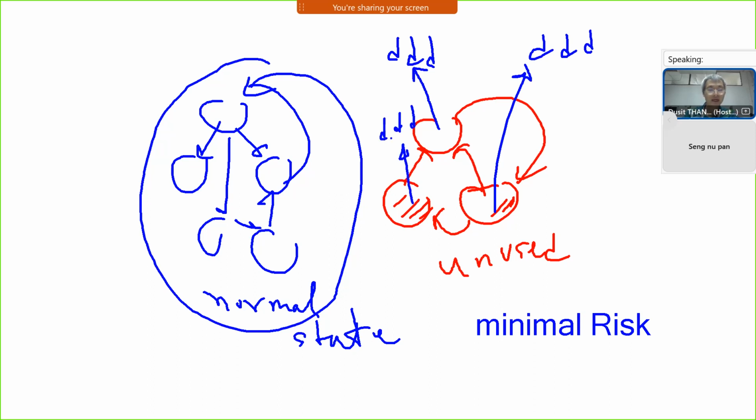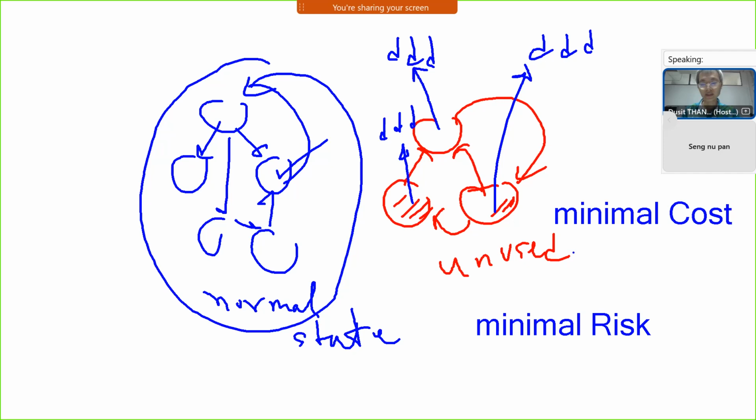And when you decide by using something like a K-map to minimize or reduce the number of variables, after that you just check whether the next state of the unused state can go back to the normal state or not. Okay, this is called minimal cost.